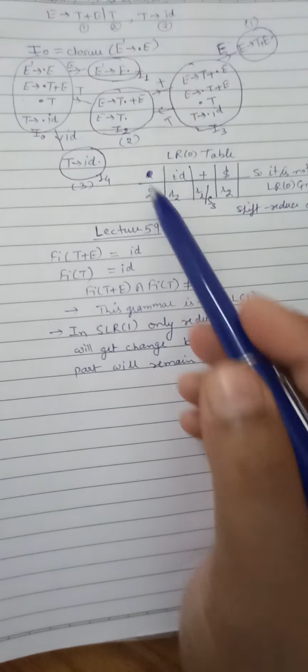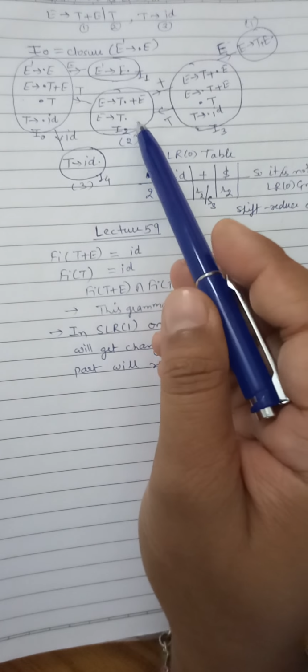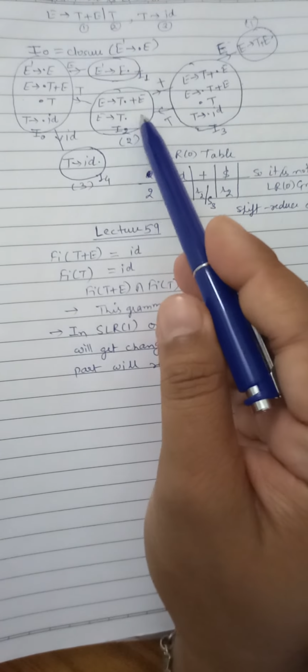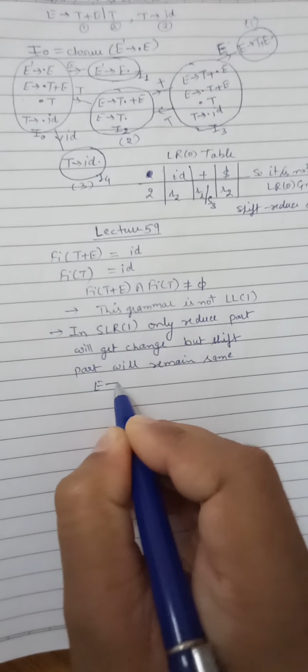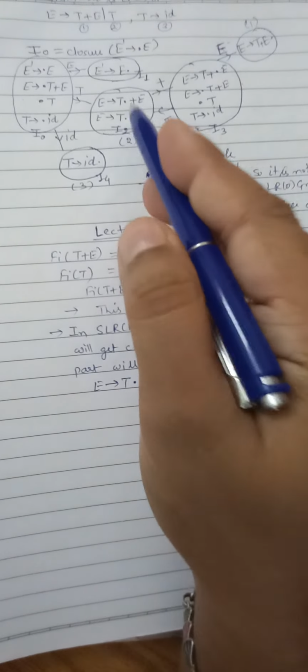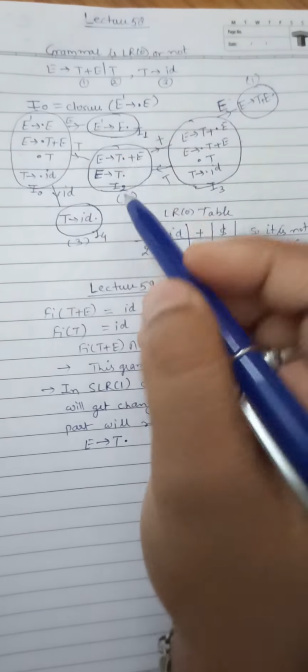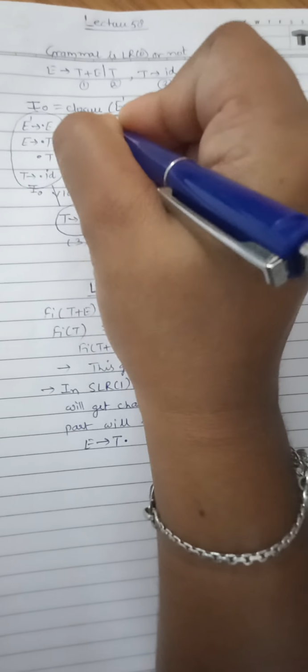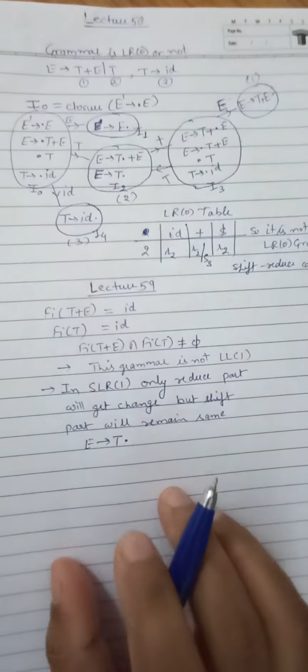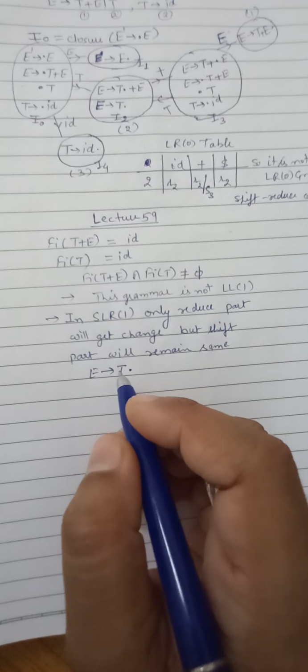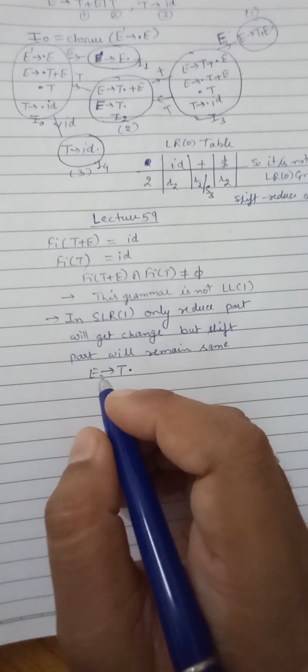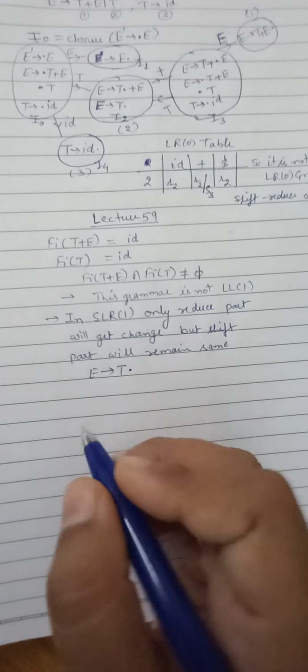Because the reduction is in the second state, we can see from here that we have E tends to T dot in the second state, E tends to T dot. By this we can see the follow of it.